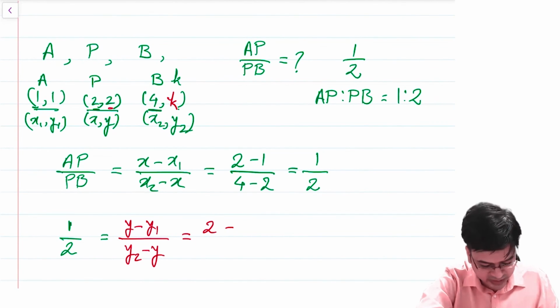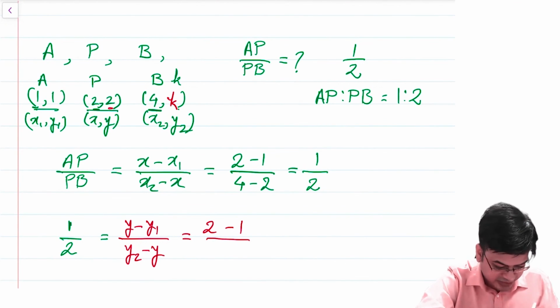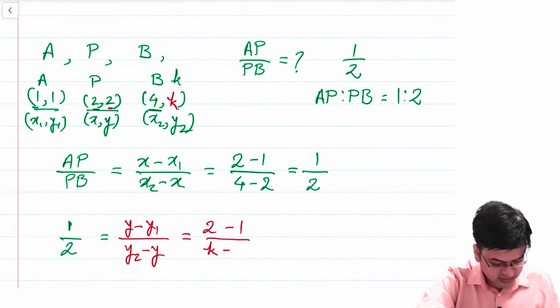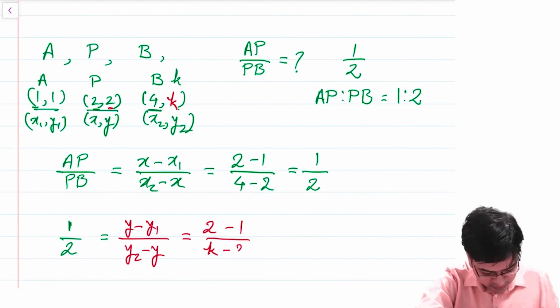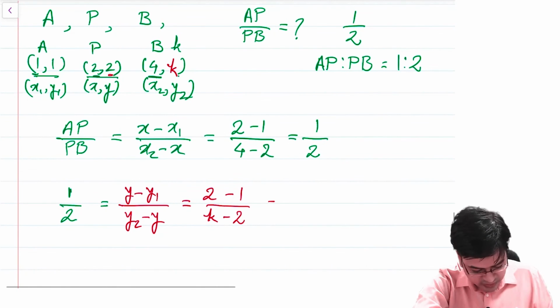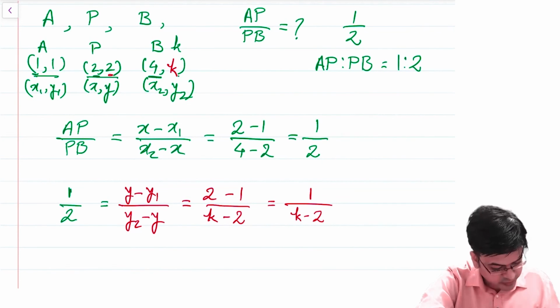Y1 is simply 1, so I don't have any issue. And y2 minus y, my y2 is now unknown, so it is k minus, what is y? Again 2, right? So if you solve this, you will get this to be equal to 1 upon k minus 2, but here I have 1:2.